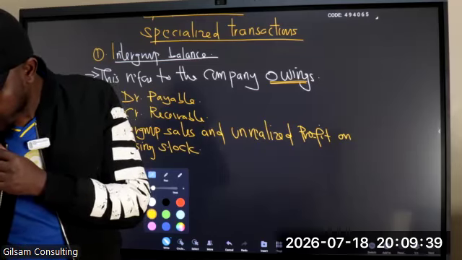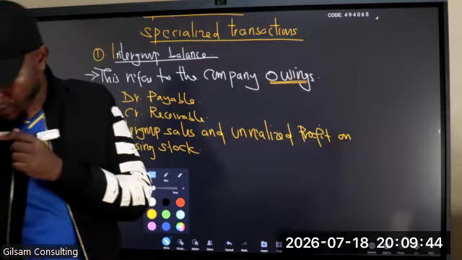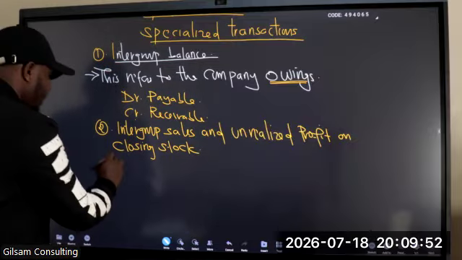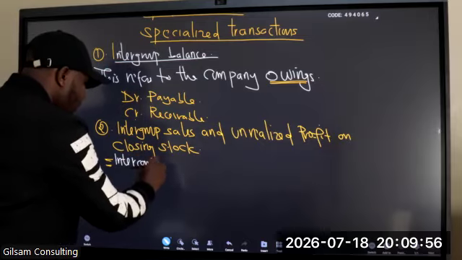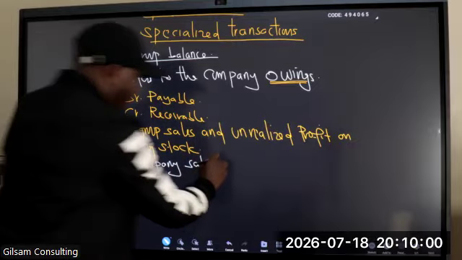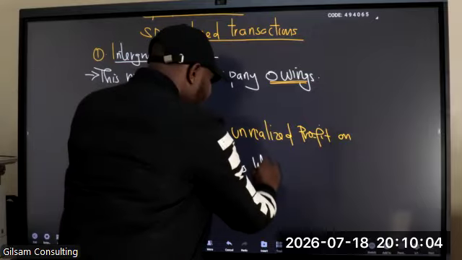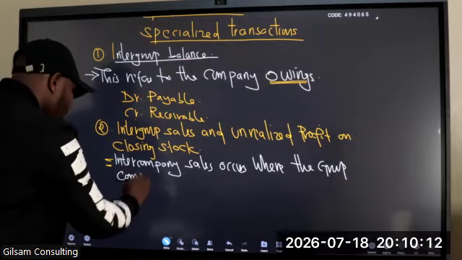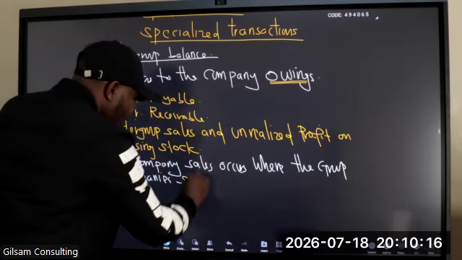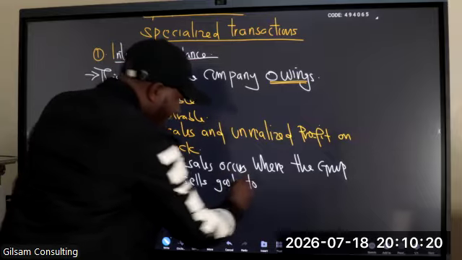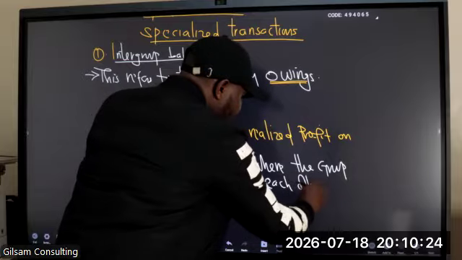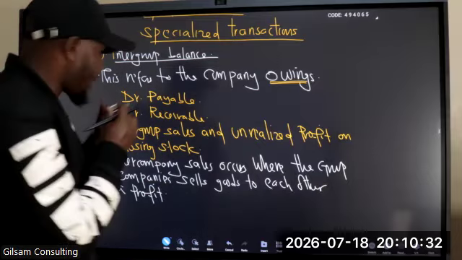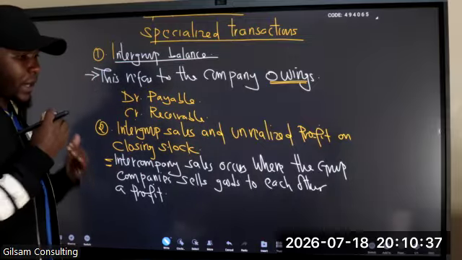You say intercompany sales occur where group companies sell goods to each other at a profit.